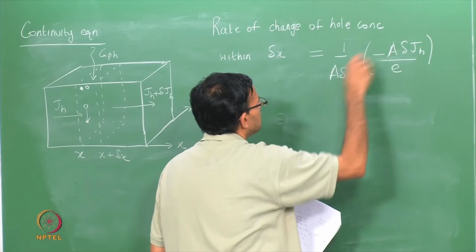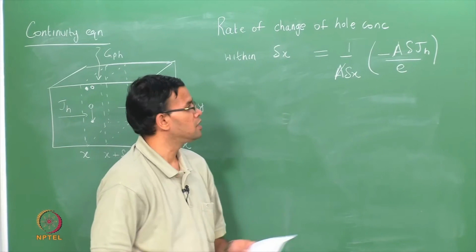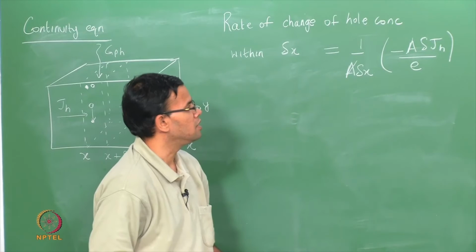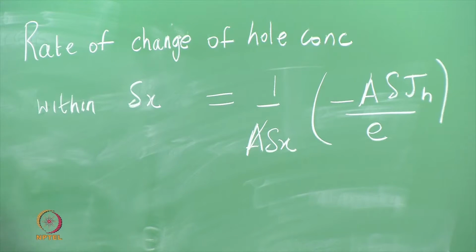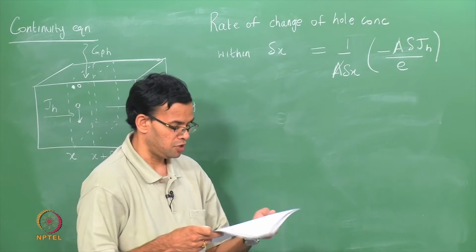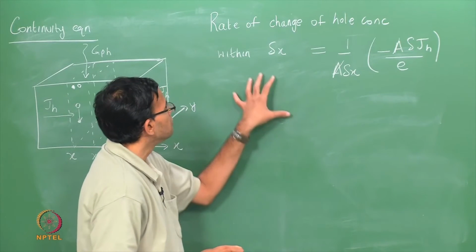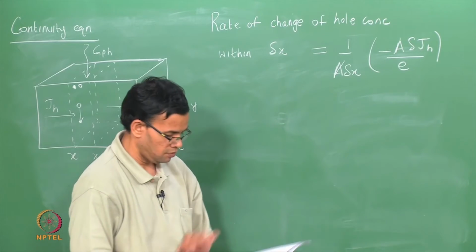So, A will essentially cancel. If delta JH according to this equation is negative, then this whole thing is positive. There is an increase in the hole concentration. On the other hand, if it is positive, there is a decrease in the hole concentration. So, this just denotes the rate of change of hole concentration.